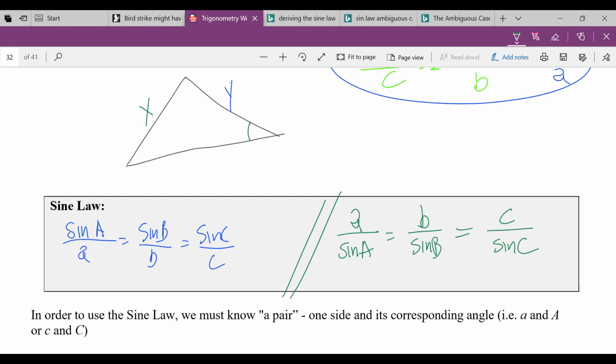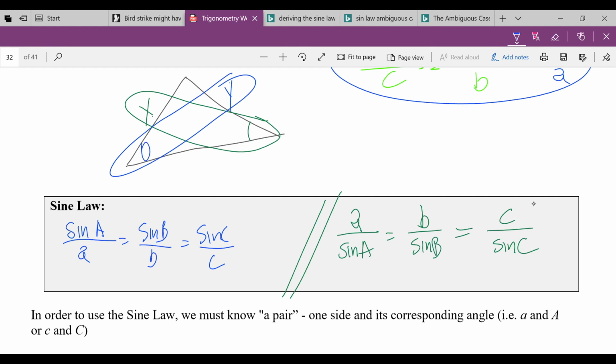And the way to notice that the sine law is the proper rule to use is that if you have these pairs, okay? So there's an angle side pair, an angle and its opposite side, and we want to figure out an angle or an opposite side given one of those two, right?